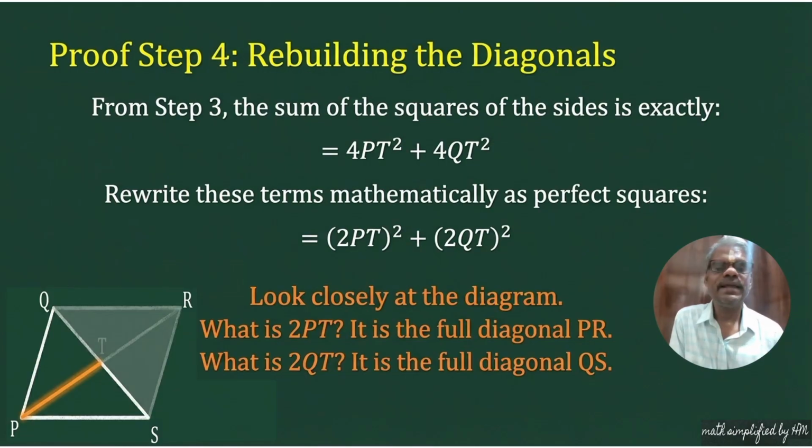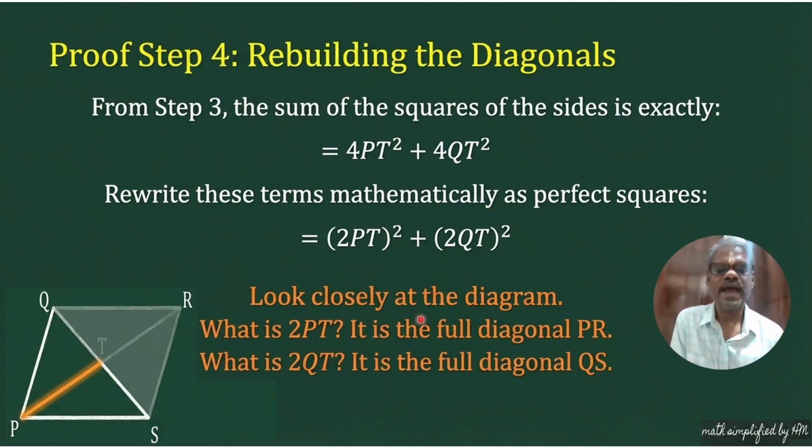Now rebuilding the diagonals. From step 3, the sum of the squares of the sides is exactly equal to 4PT square plus 4QT square. Rewrite these terms mathematically as perfect squares. That means 2 times PT bracket square plus 2 times QT bracket square.